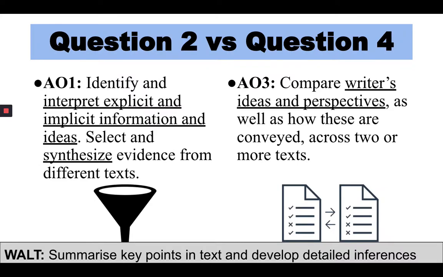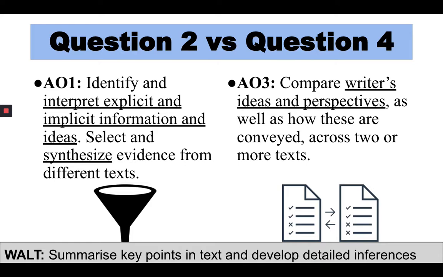It is really easy to get question 2 and question 4 mixed up, and I've seen it a few times in papers that I've marked where people start to talk about the writer's attitudes and ideas and perspectives in question 2, and that's not what you have to do. So question 2 is only picking out key information, making inferences about it, and making comparisons.